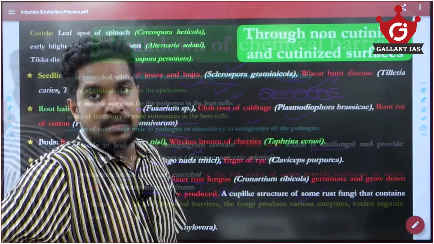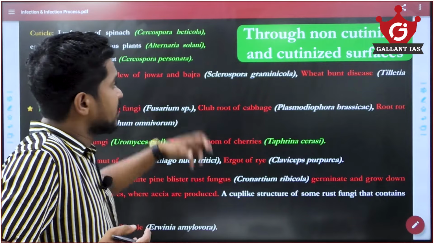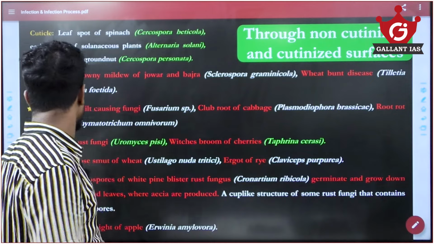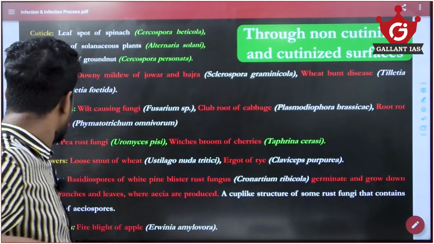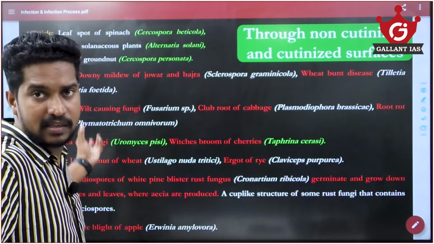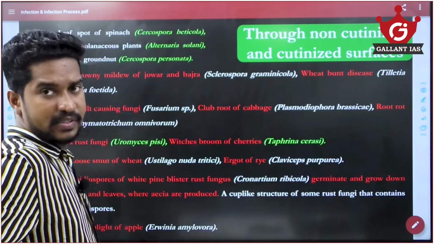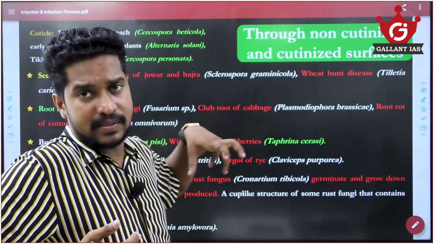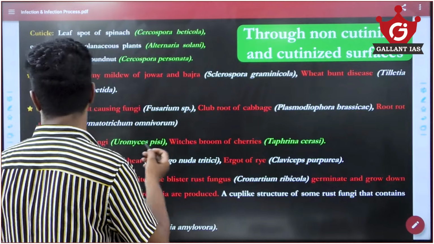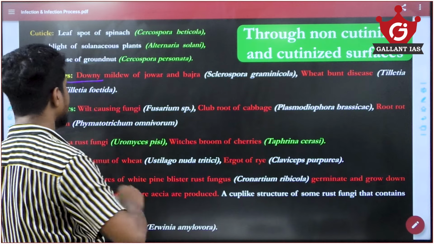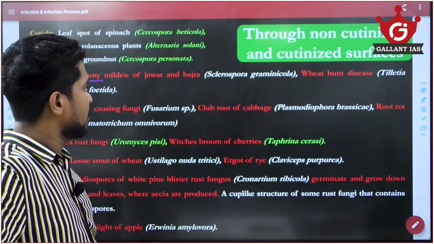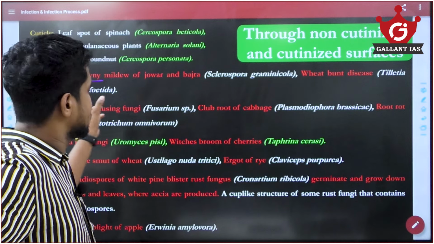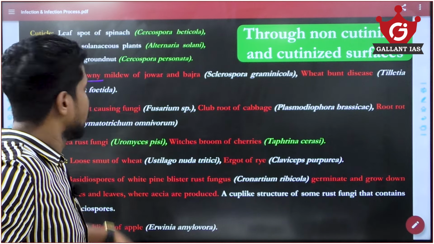Next we are discussing entry through non-cutinized and cutinized surfaces. Seedlings, root hairs, buds, flowers, leaves and nectaries are the non-cutinized surfaces, and the pathogen can enter through them. Seedlings: downy mildew of jowar and bajra, Sclerospora graminicola, and bunt disease, Tilletia caries and Tilletia foetida.